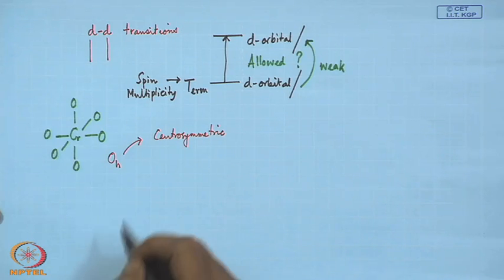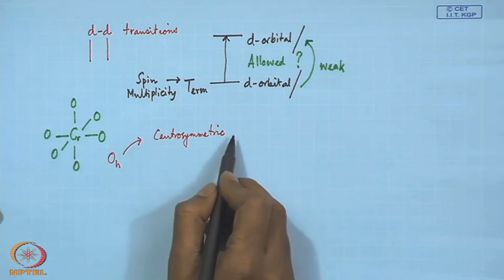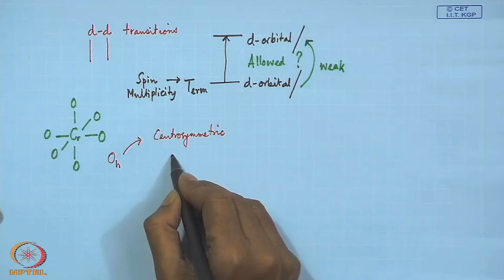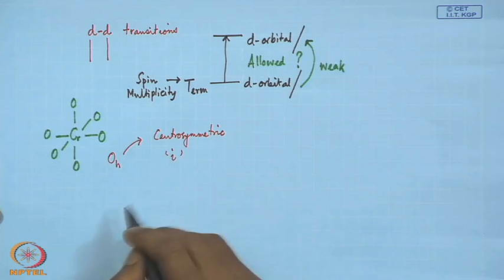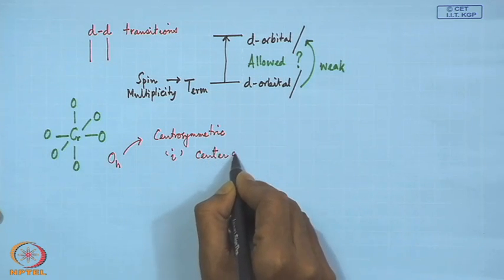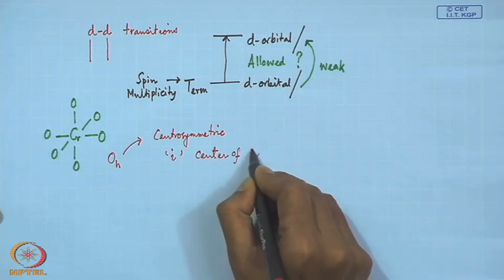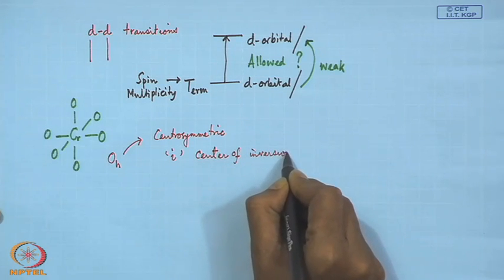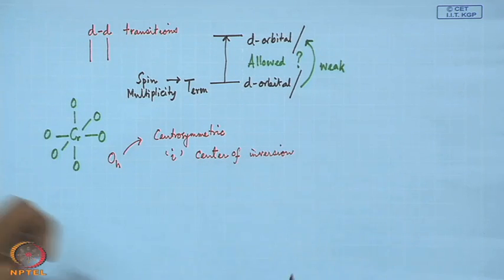That means, after these transitions whether the symmetry is preserved or not, that means if there is a center of inversion or not.